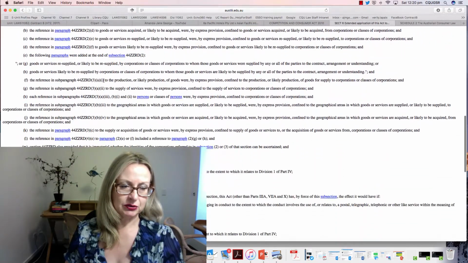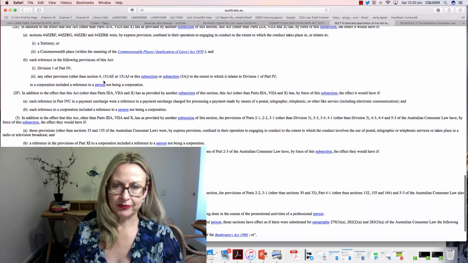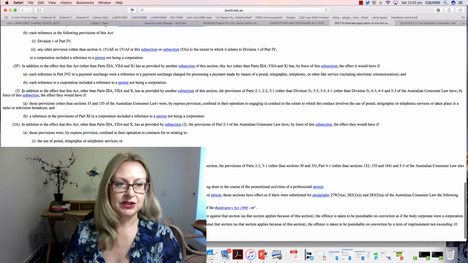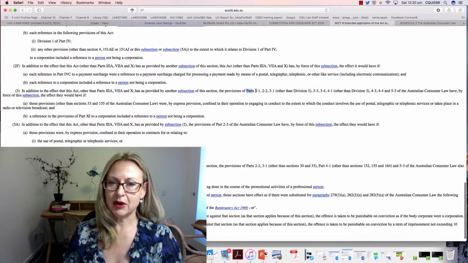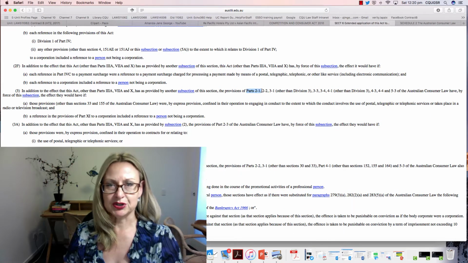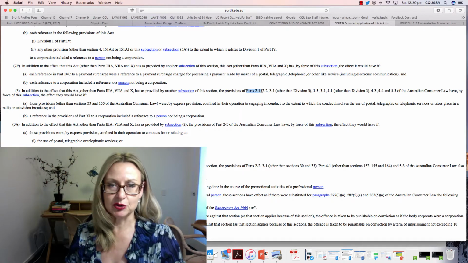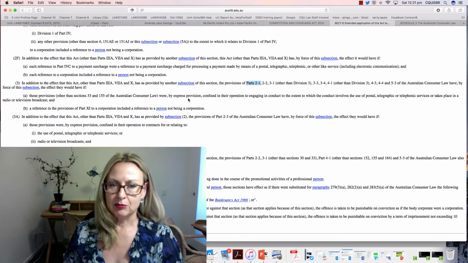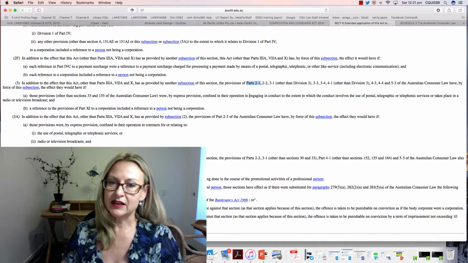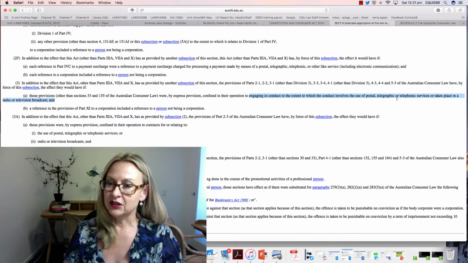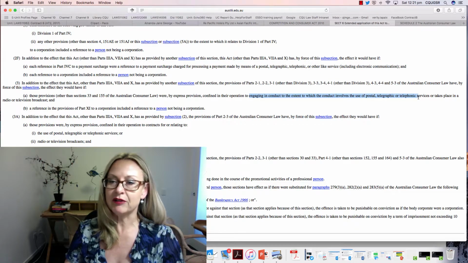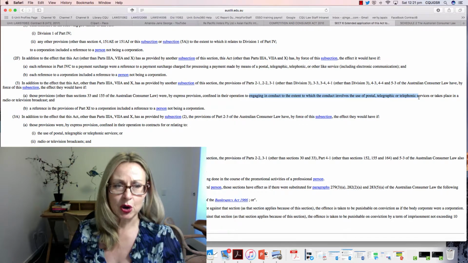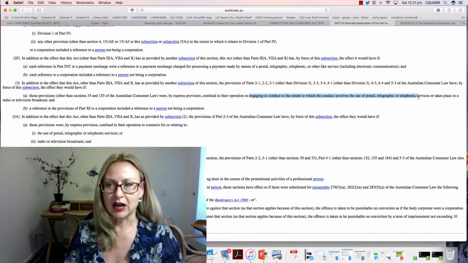In addition, if you look down further, for Part 2-1, which is where Section 18 of the Australian Consumer Law is housed, it will capture persons where they engage in conduct in relation to postal, telegraphic or telephonic services or radio or TV broadcasts.